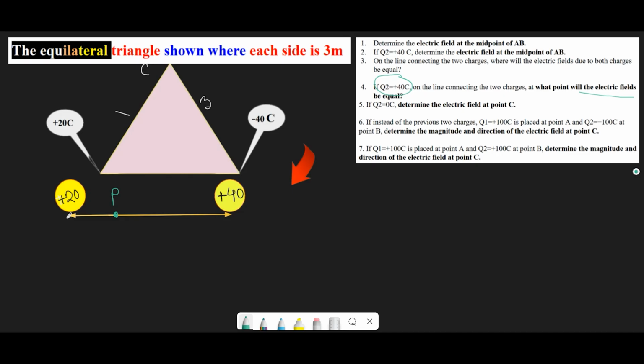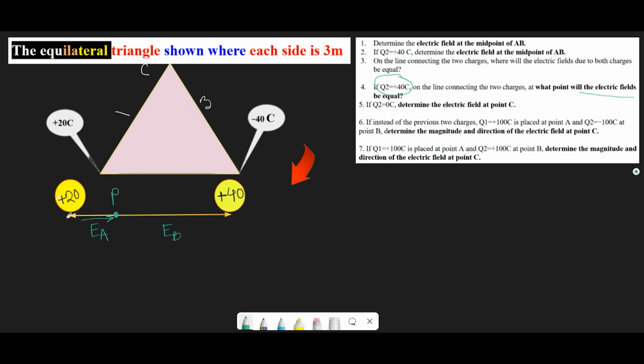So at P point, the electric field of 20 coulomb is EA, and at P point electric field EB.